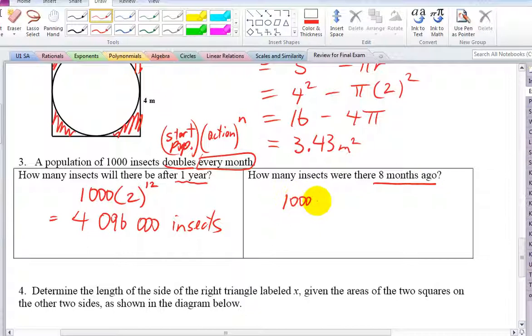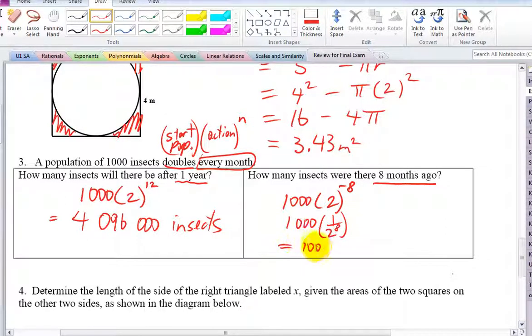So we start with 1,000. We're still doubling, but how would we represent n since we're talking about 8 months in the past? -8. Okay. So some calculators can't handle that. So it's 1,000 times 1 over 2 to the +8.